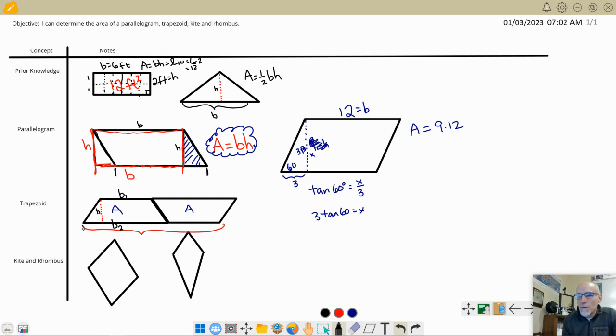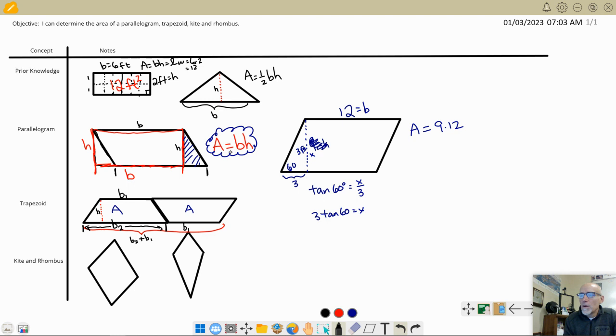So from here to here is going to be base 2, and the one up at the top is base 1. But you notice, remember how I copied this guy and I rotated, I flipped it upside down, and so this over here is base 1. It's just that it got rotated upside down, right? So how long is this whole side right down here? Well, it's base 2 plus base 1.